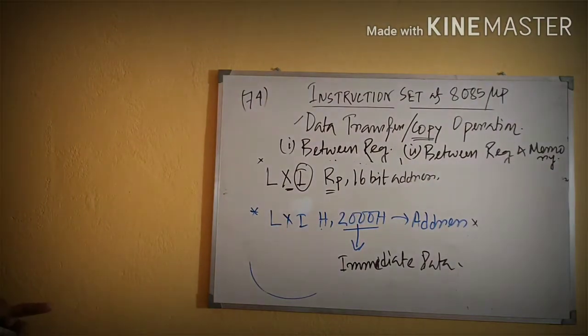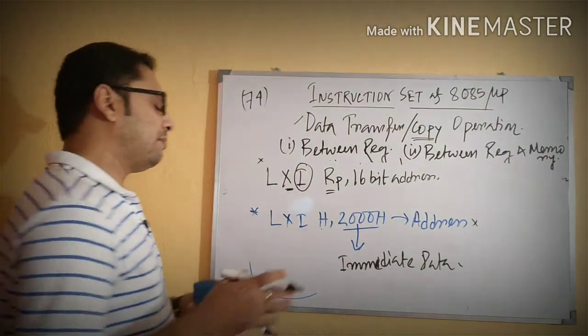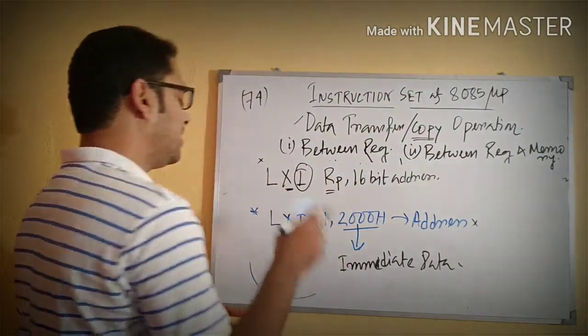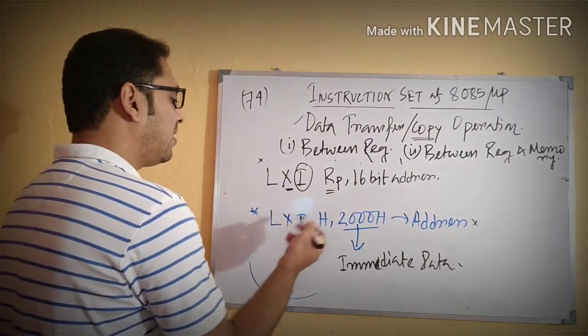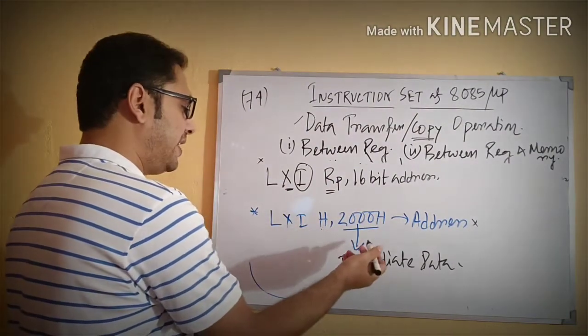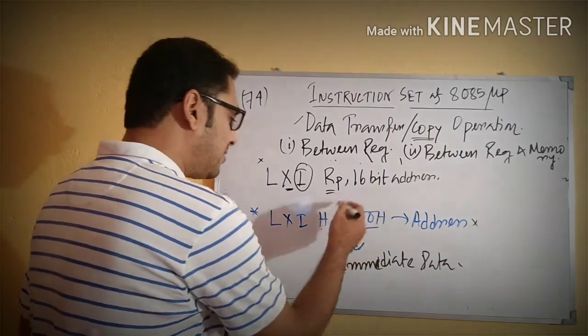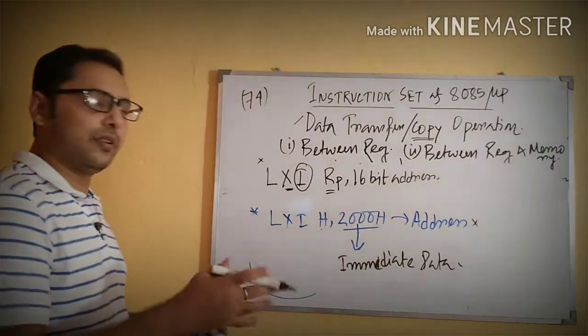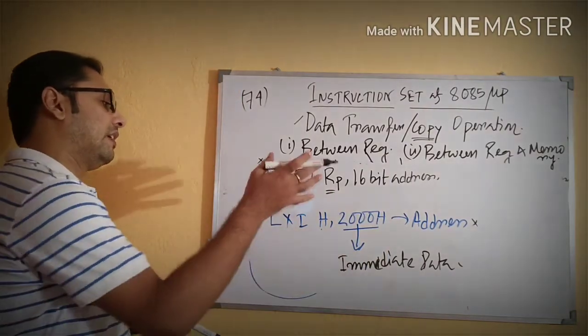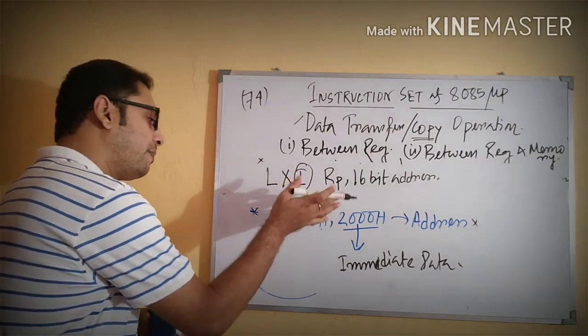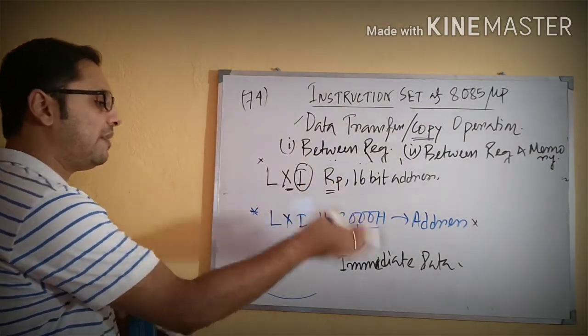Though it looks like a 16-bit address, as the instruction is LXI, meaning loading a register pair with immediate data, this 16-bit number within the operand has to be immediate data.